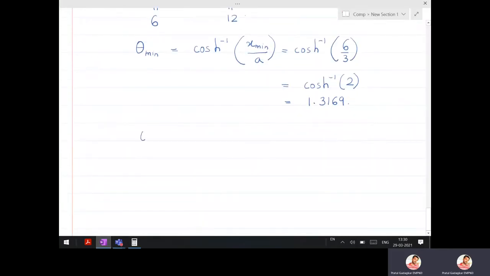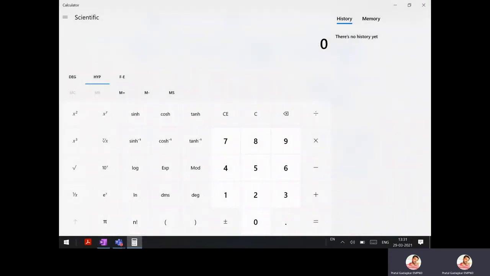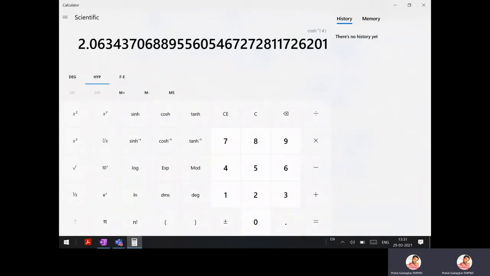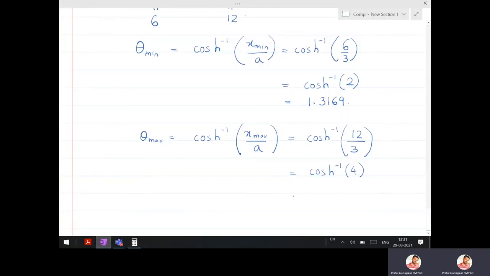Now what is theta max? Theta max is cosh inverse of x max upon a, which is cosh inverse of 12 upon 3, because x max is 12 and a is 3, so it is cosh inverse of 4. When I type 4 and its cosh inverse on my calculator, I get 2.0634.